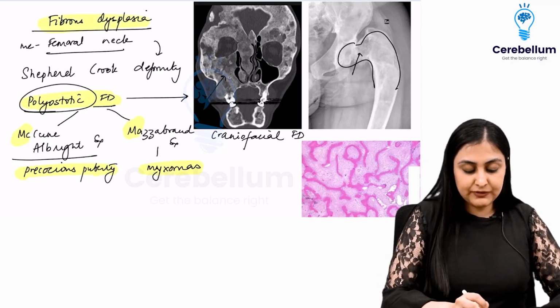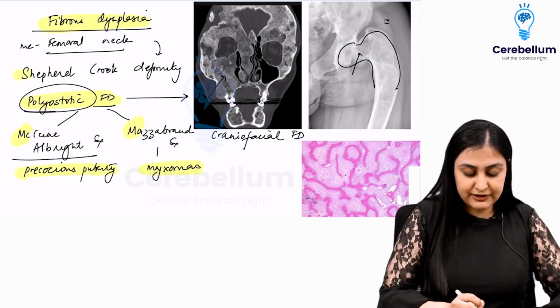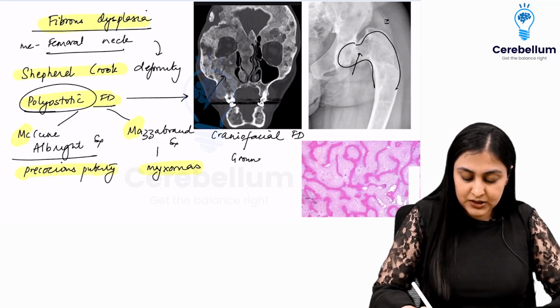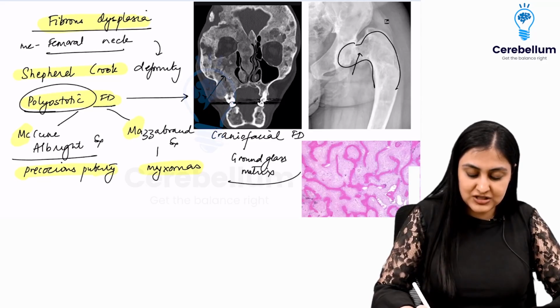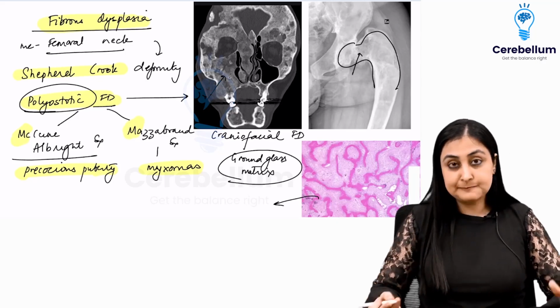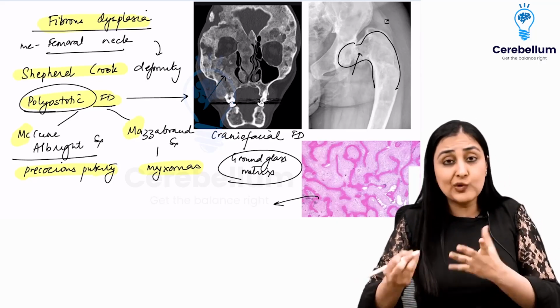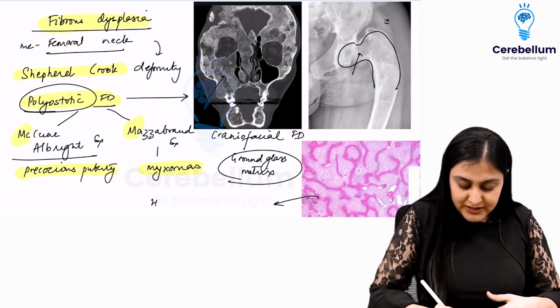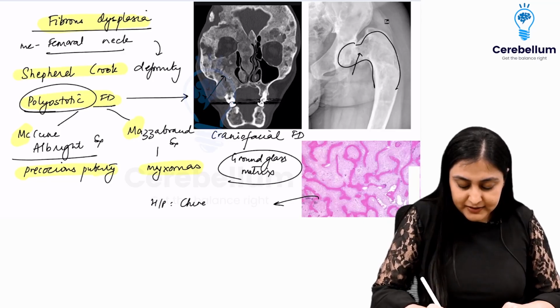So what we remember from fibrous dysplasia, you remember Shepherd crook, you remember polyostotic, you remember ground glass matrix because it's a fibrous matrix. There is fibrous tissue there. When you look at the histopath, because there's a lot of woven bone here giving rise to the fibrous matrix, this arrangement is called a Chinese letter arrangement.